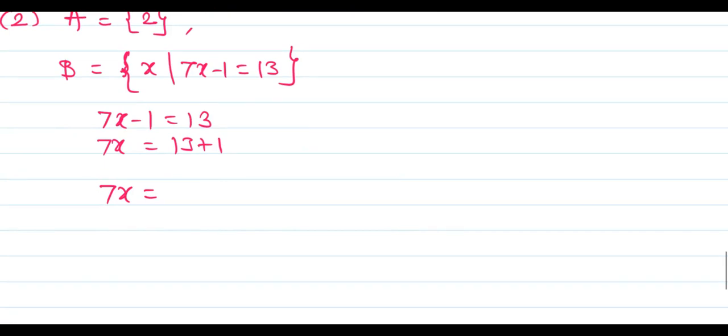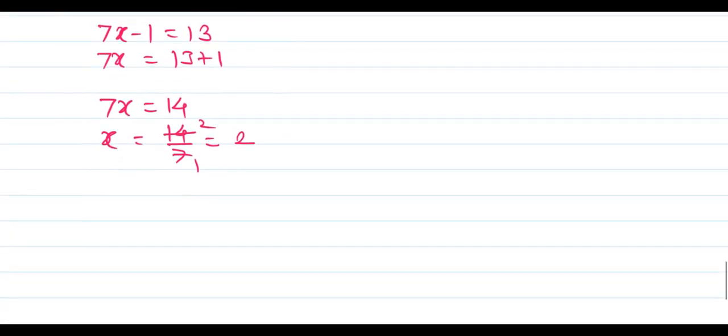Therefore x is equal to 14 upon 7, and we get x is equal to 2. Again, these two sets are equal sets. B is equal to, in curly brackets, 2.